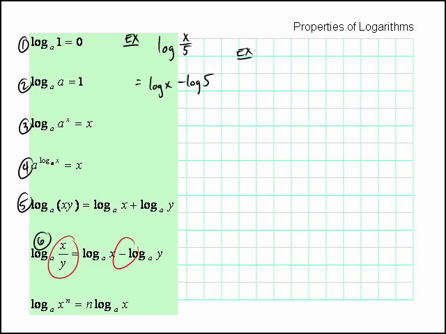Likewise, if I have the log of 1 over y, according to this property, that would be the log of 1 minus the log of y.